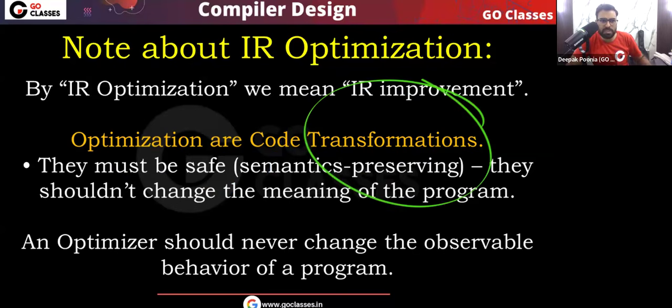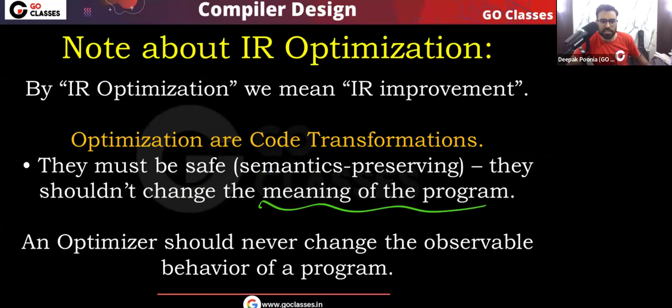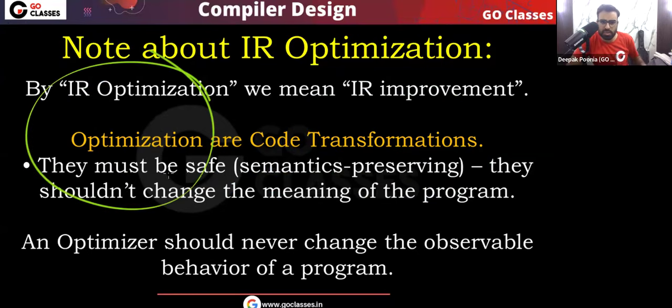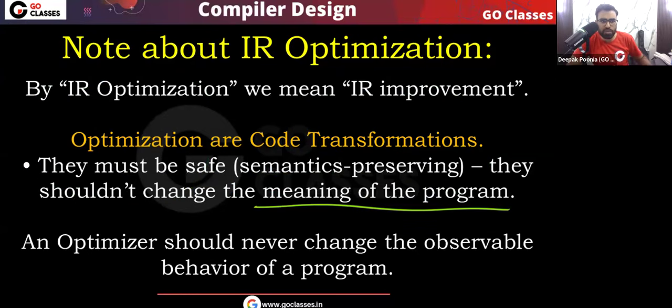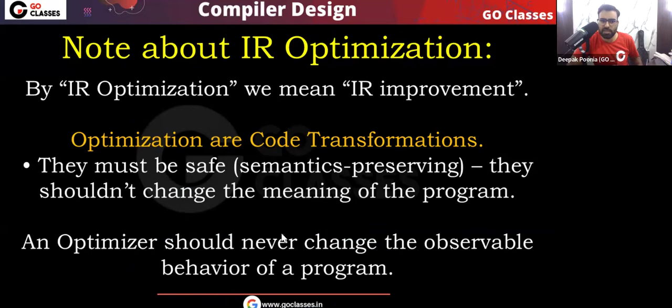Your optimization should not change the semantics of the program. Semantics means meaning of the program. Yes or no? Whenever you see this word semantics, it means meaning of the program. So our optimization should not change the meaning of the program, it should not affect the behavior of the program. This is the overall point.